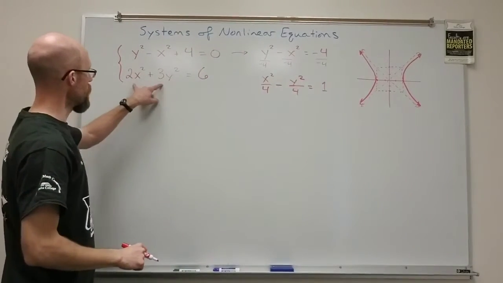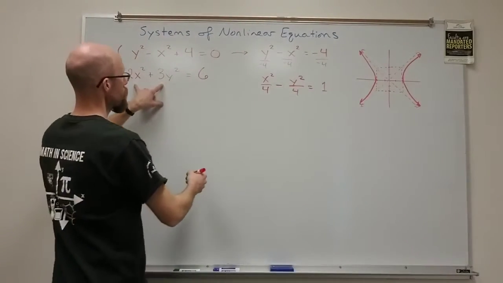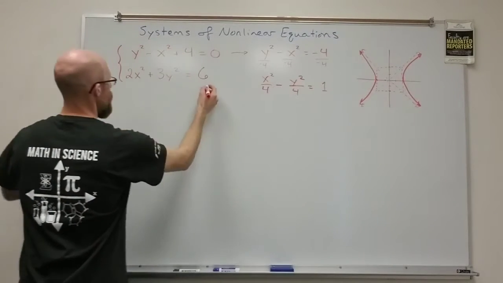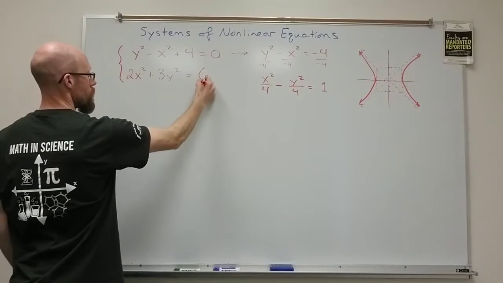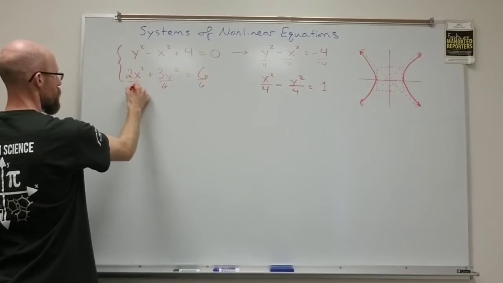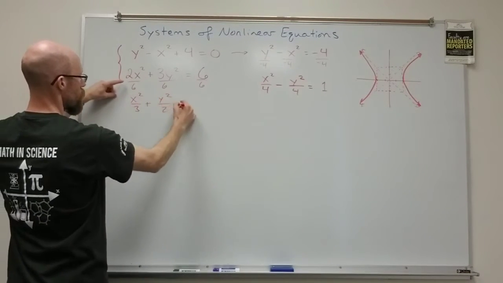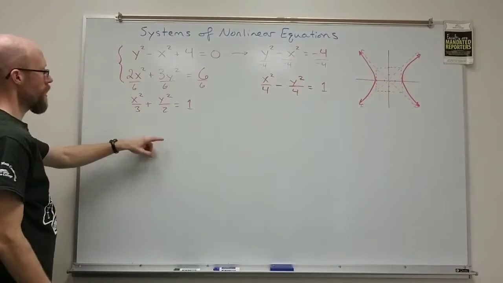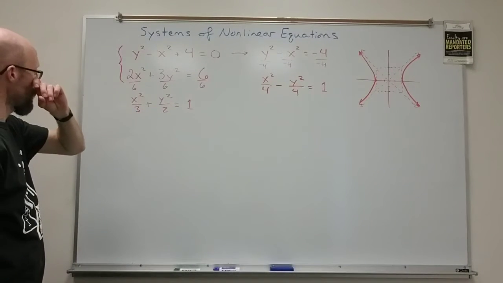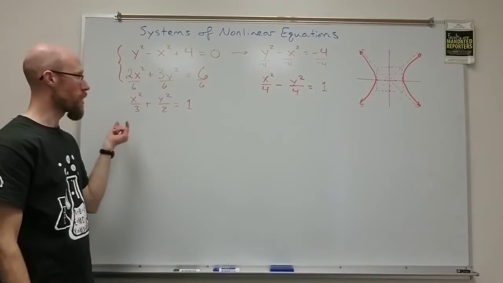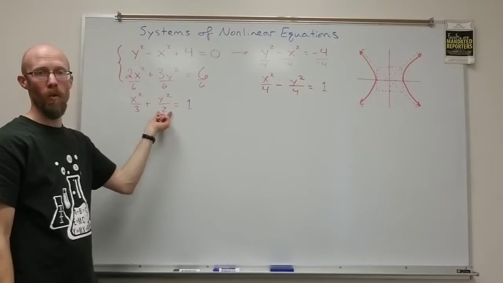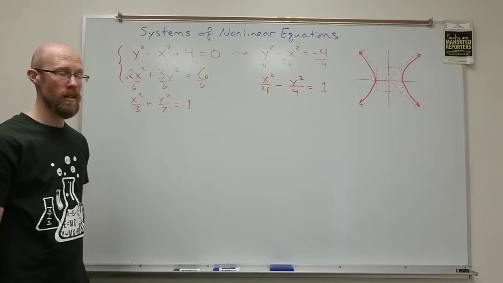For the ellipse, or the supposed ellipse, well, I need a 1 on this side, so I divide everything by 6. That gives me x squared over 3 plus y squared over 2 equals 1. And then my ellipse, to get the major and minor axes. The major axis will be in the x direction, minor in the y, center at the origin.